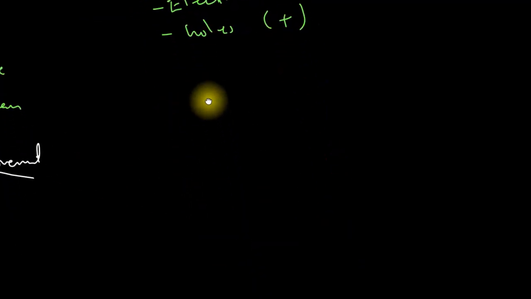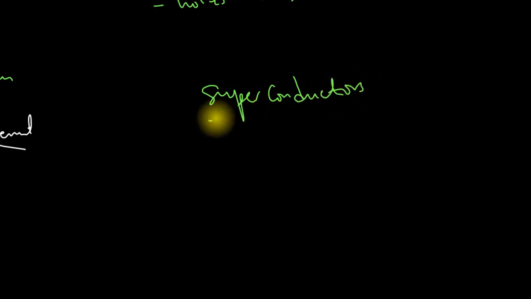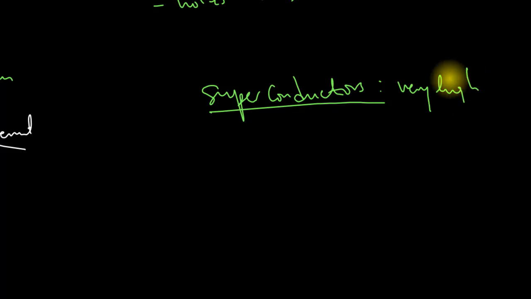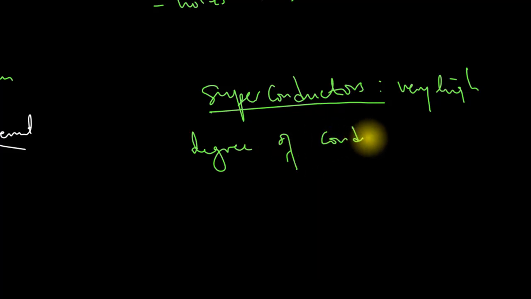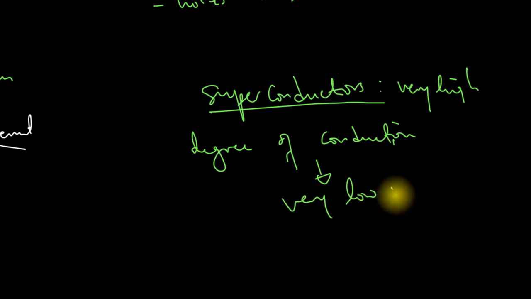Lastly, we'll look at superconductors. So superconductors, as the name suggests, are materials with a very high degree or extent of conduction, and this is basically because they have very low resistance.